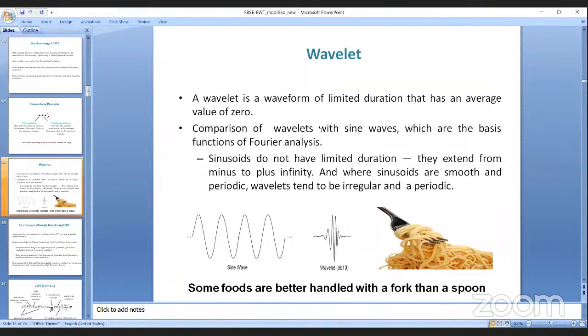So a window designed at low scale is suitable for high frequency components, and a window designed at large scale is suitable for low frequency components. So different scales can be used to design windows for analysis of different kinds of frequency components present in the signal.